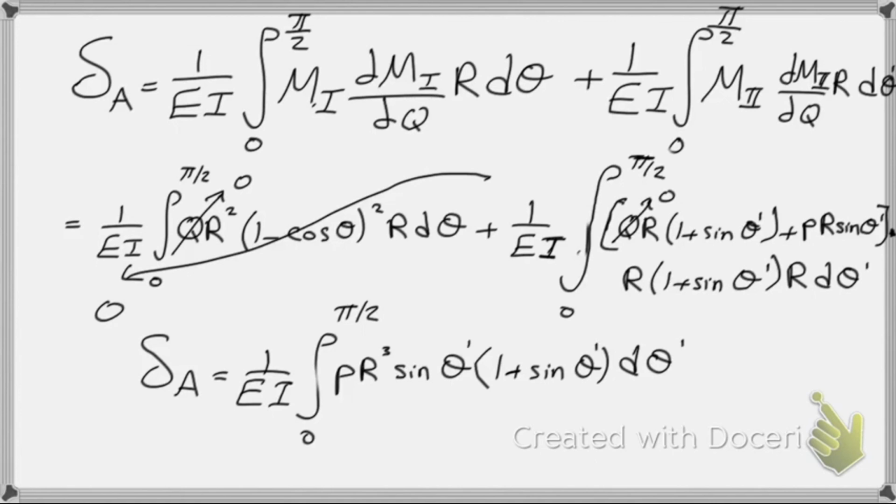So this turns out to be what? If you do the integration, it comes out to be P R cubed over EI times (pi over 4 plus 1). And here's your deflection at point A due to the load P.